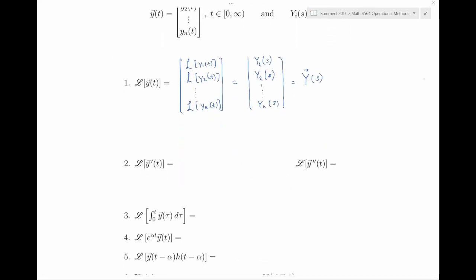We also had quite a few theorems that talk about the Laplace transforms of the derivatives, moments, and shifts, etc. Pretty much all of this applies to the vector-valued functions without any change. So the Laplace transform of the derivative is going to be the Laplace transform applied to the derivative of each component, which is going to be s times capital Y1 of s minus the initial value at 0.